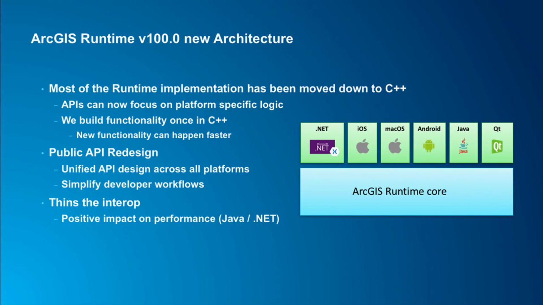You don't need to call this special function or do this thing a certain way to improve your performance. This is a good thing, and ultimately whenever we do improvements, everybody just gets it. That also thins the interop. So APIs like .NET and Java that have a pretty thick interop layer because you're going from C++ to .NET or you're going from C++ to Java, that's smaller, so this actually improves performance significantly.